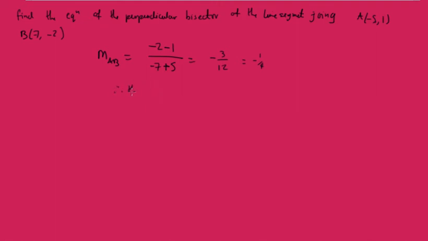Therefore, the gradient of the line m times mAB must equal -1, so the gradient we want must be 4.